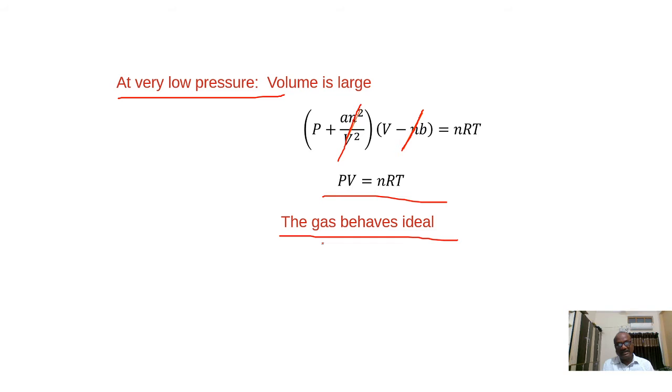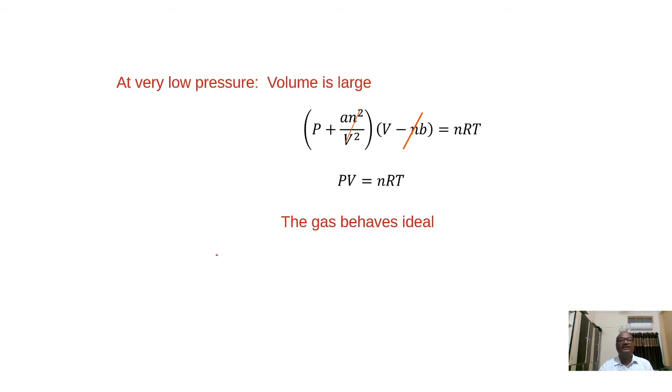At very low pressure and high temperature, gases behave ideally. Under these two conditions we can see the same situation. Here you are neglecting two terms, an square by V square as well as nb.